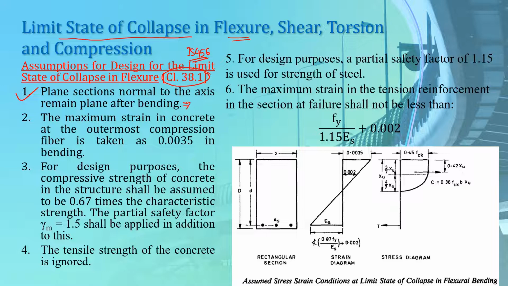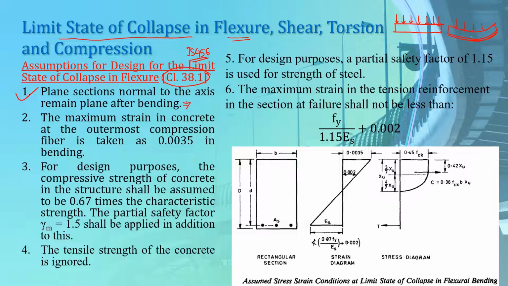What this first clause tells us is that suppose we have a beam here and this beam is subjected to some value of uniformly distributed load in this way. Now the beam may bend in this way here, creating compression at these top fibers and tension in these bottom fibers.